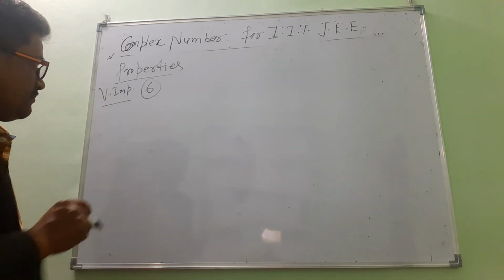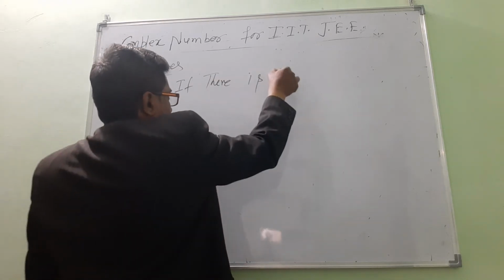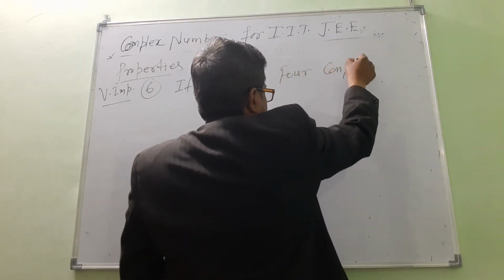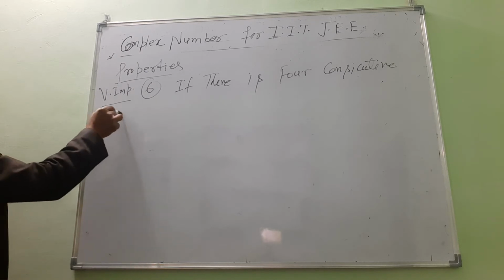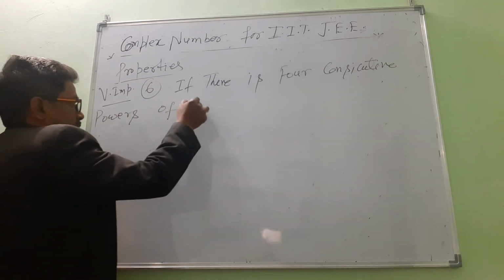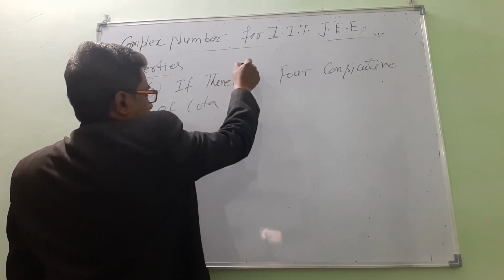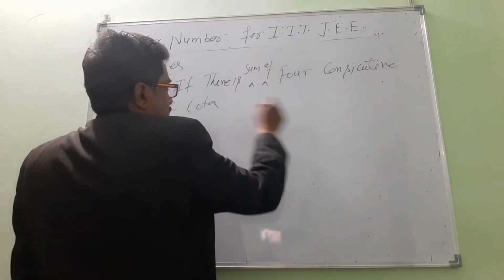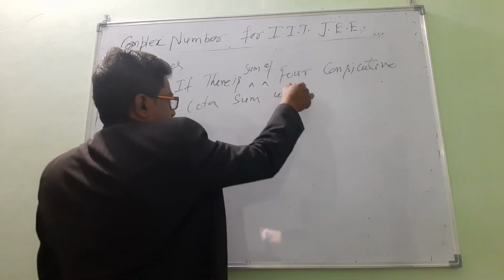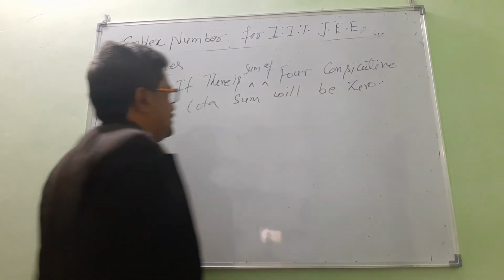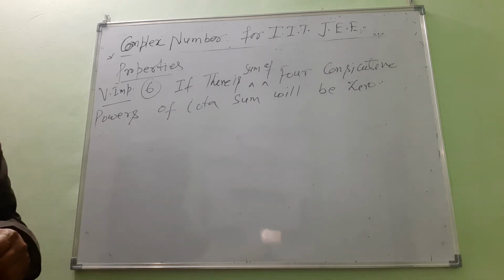This property states that if there is a sum of 4 consecutive powers of iota, the sum will be 0.